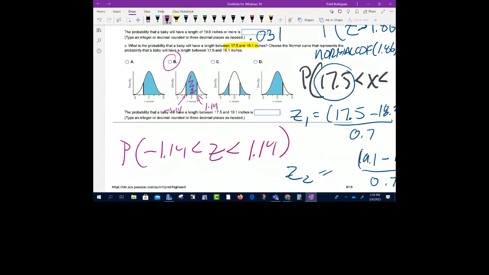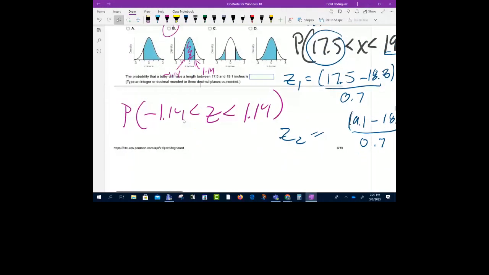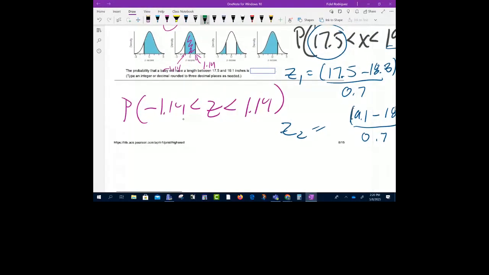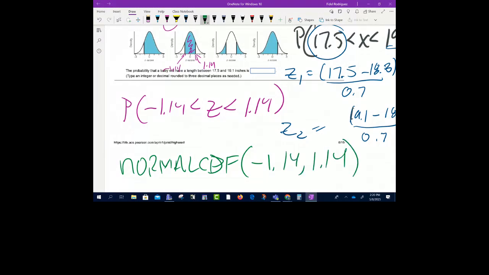Now, if it would have said, what's the probability that it is not that, then I agree with you, then we would have chosen C, right? Because we would have said, we don't want what's in the middle, we want what's on the outside. But very good. Okay, now, y'all, just like we did before, we're going to use, again, our calculator so we can figure out what is our normal CDF. Okay, and we're going to go from negative 1.14 to a positive 1.14, right?